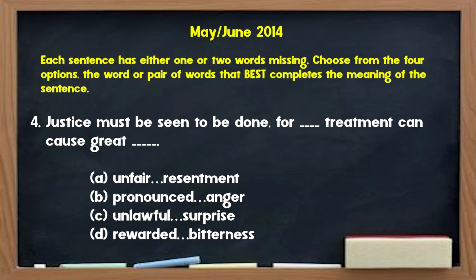Number 4. Justice must be seen to be done, for something treatment can cause great something. A. Unfair, resentment. B. Pronounced, anger. C. Unlawful, surprise. And D. Rewarded, bitterness.